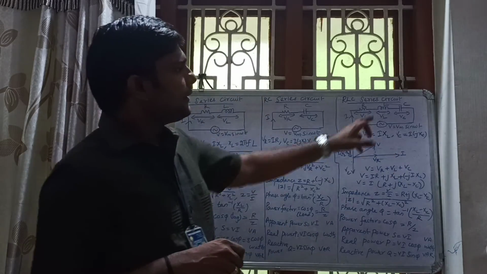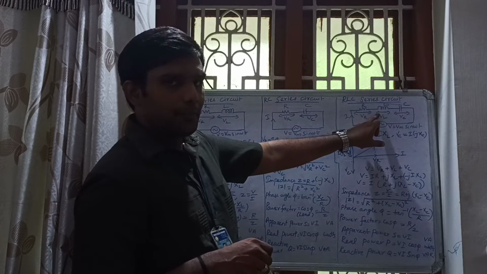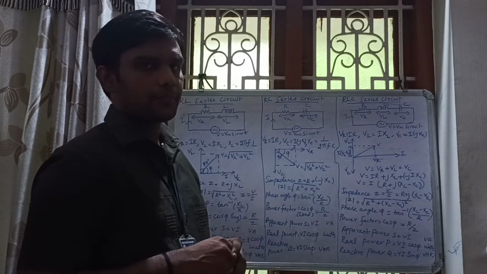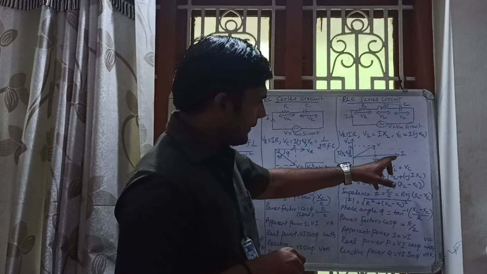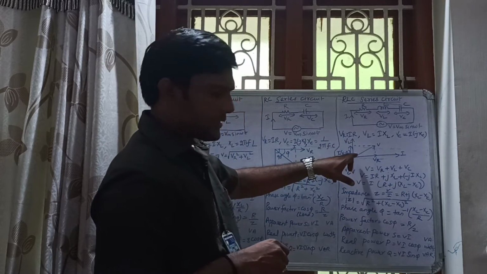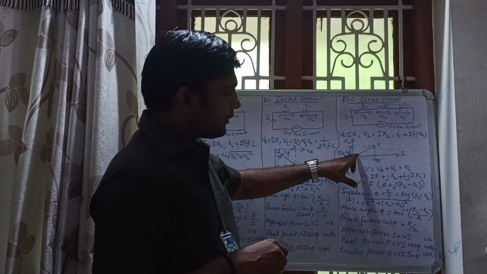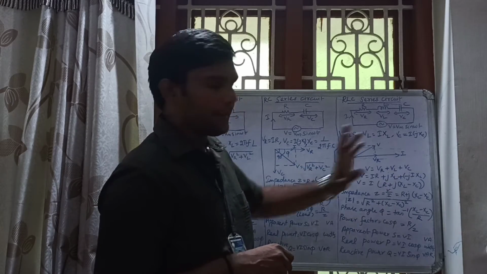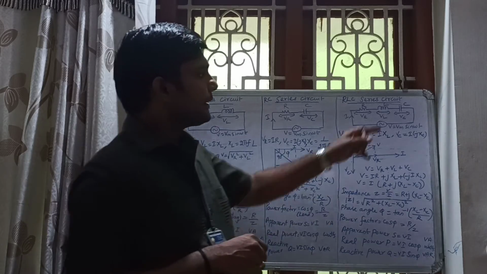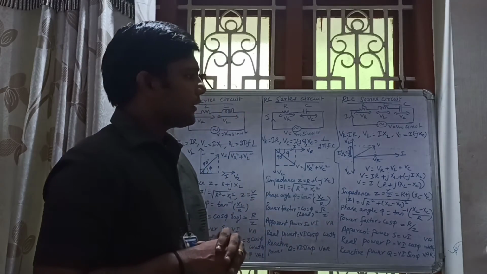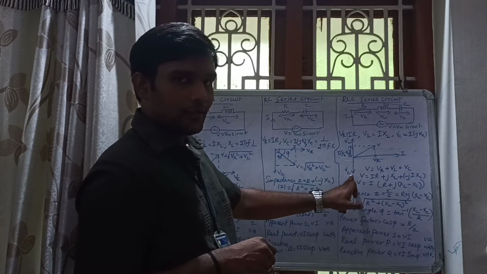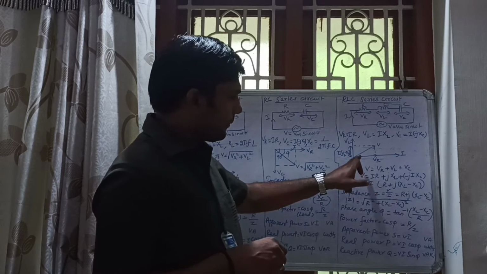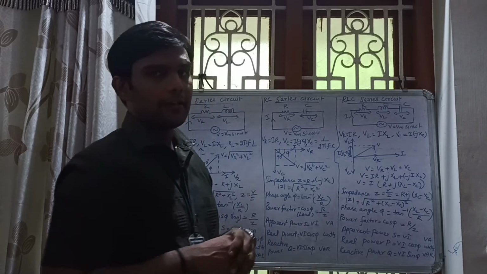And in inductor, lagging power factor, current I lags the voltage by 90 degree. Here VL and I. And in capacitive circuit, current I leads the voltage. Here capacitive voltage VC and current I. So phase difference is 90 degree.